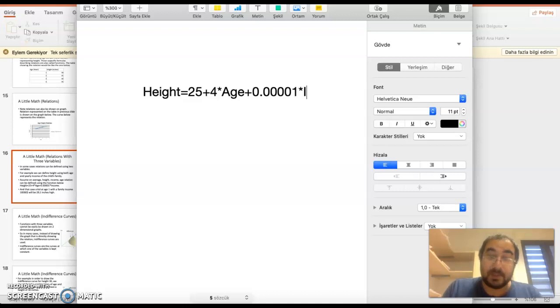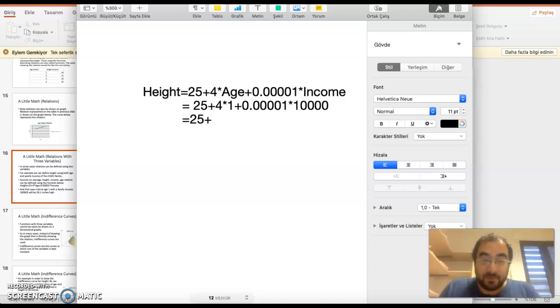For example, in this case, if we have anyone who has age as 1, which is 4 times 1, plus an income of, let's say, $10,000 per year, which is in the United States a very low income, by the way, the height will be 25 plus 4 plus 1, which is equal to 30.